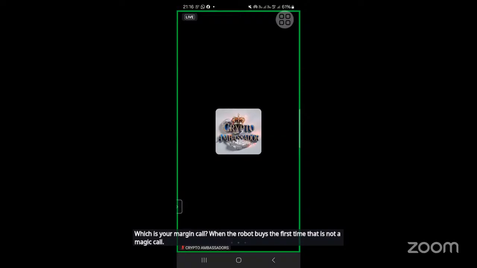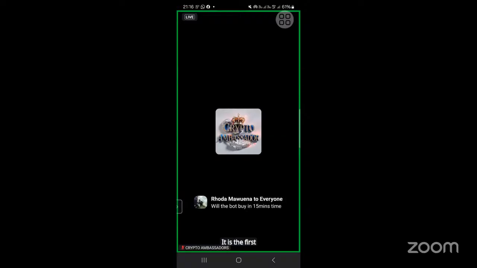What about my second buy? The second buy is not going to be triggered by MACD, which is your margin call. When the robot buys the first time, that is not a margin call. It is a first time entry in the market using your first buy-in amount.